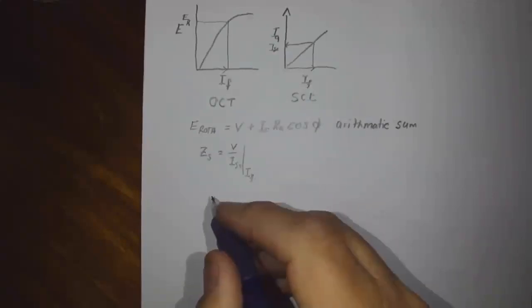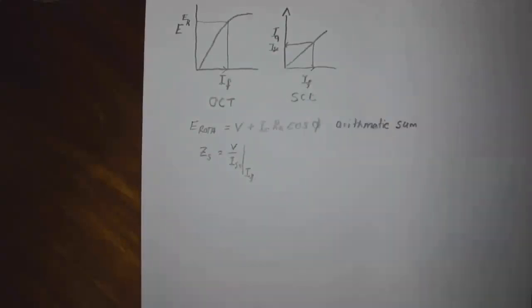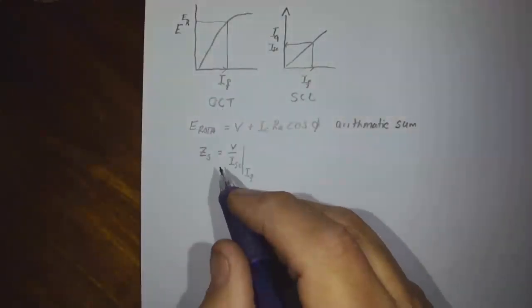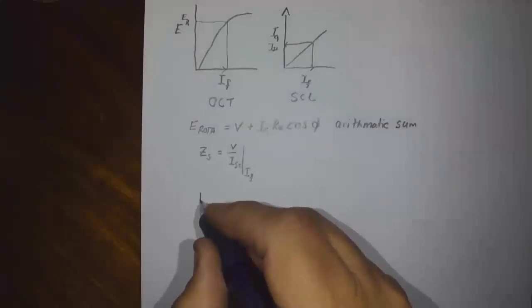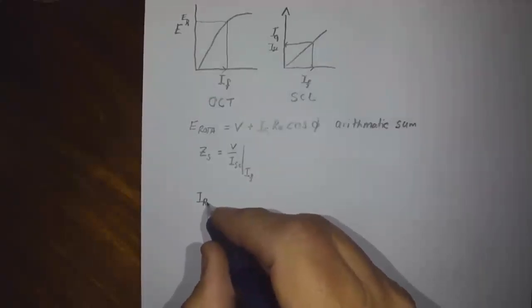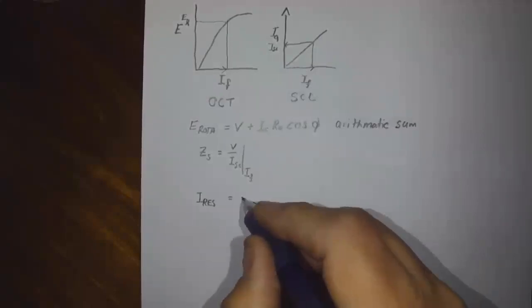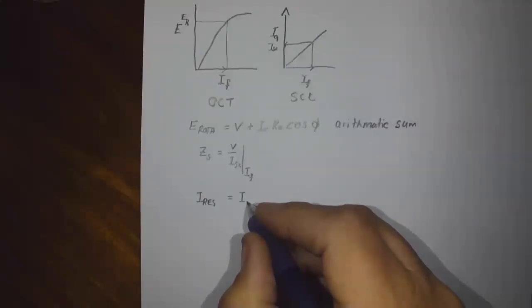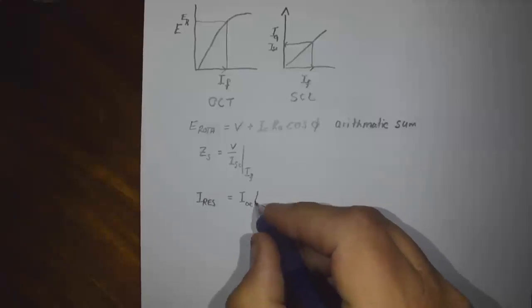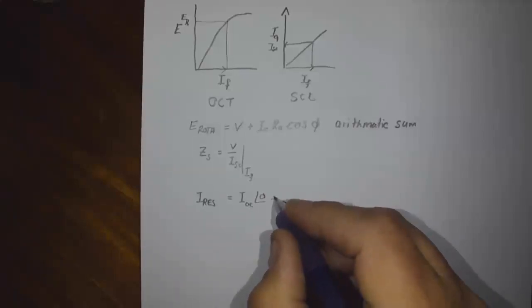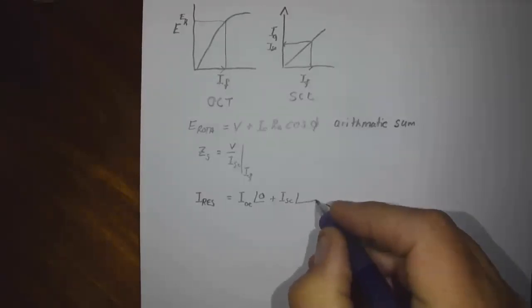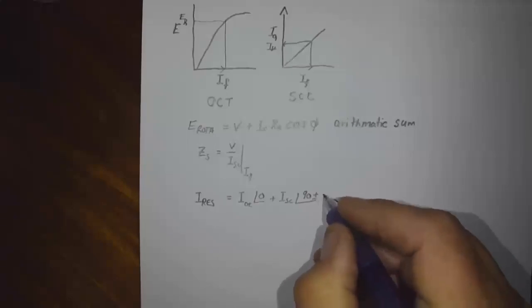Then now we've got the current that causes full load and the current that causes the rated voltage. So I resultant will be, let's call it, I open circuit at an angle 0 plus I short circuit at an angle 90 plus or minus phi.